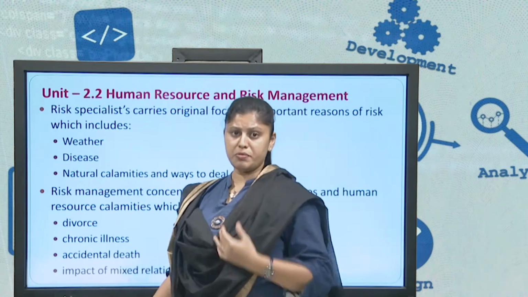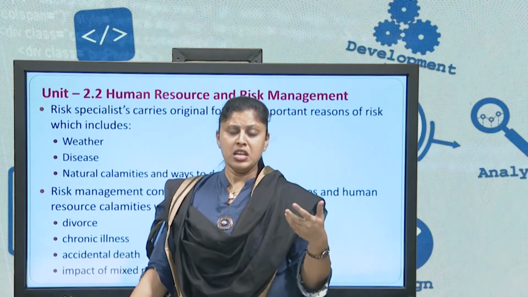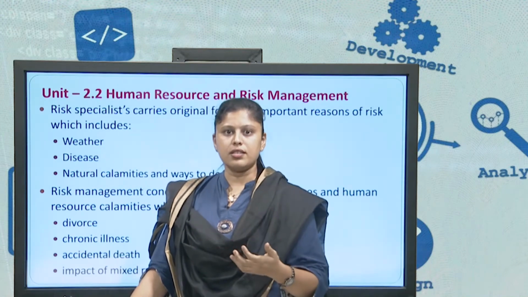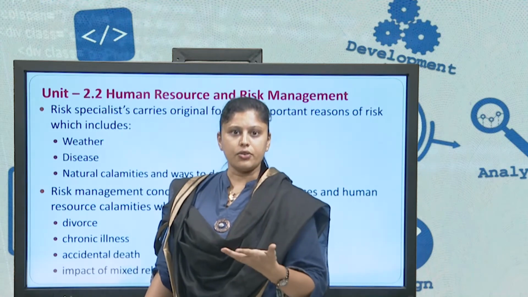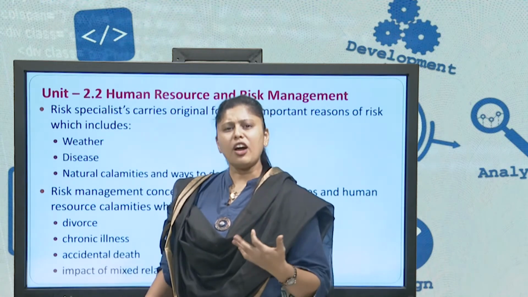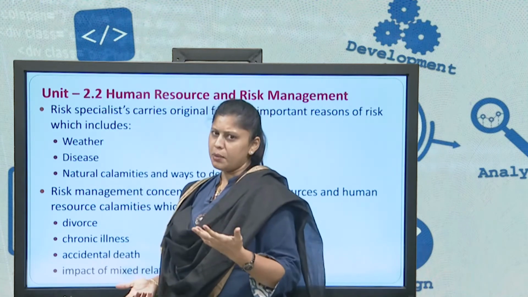Certain diseases can be avoided if they keep a healthy climate with cleanliness and hygiene, then of course it is going to be a disease-free environment.